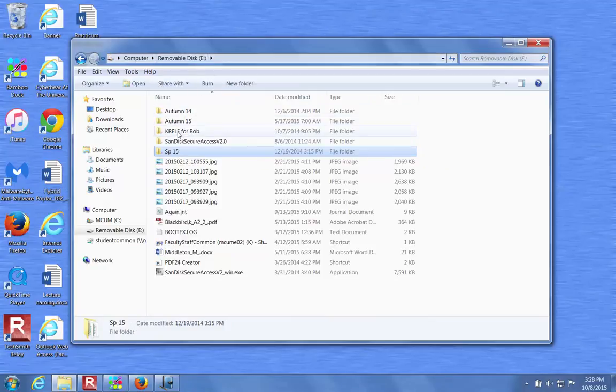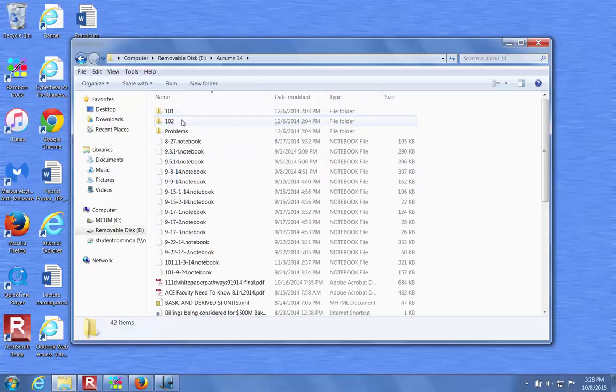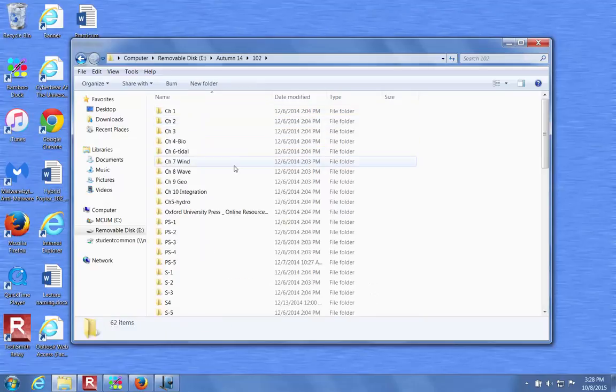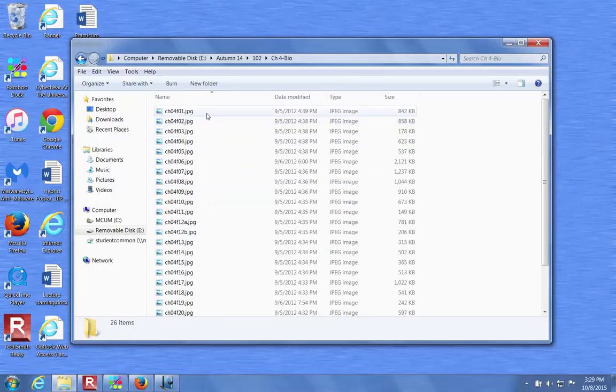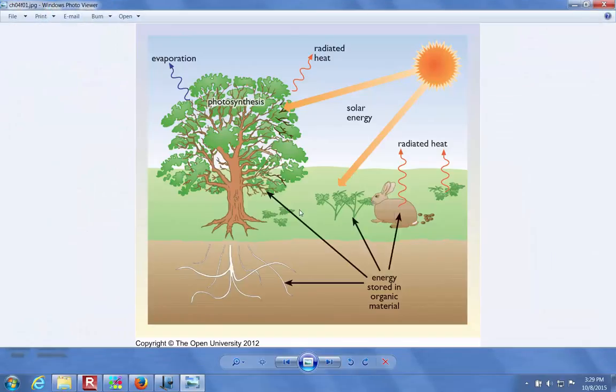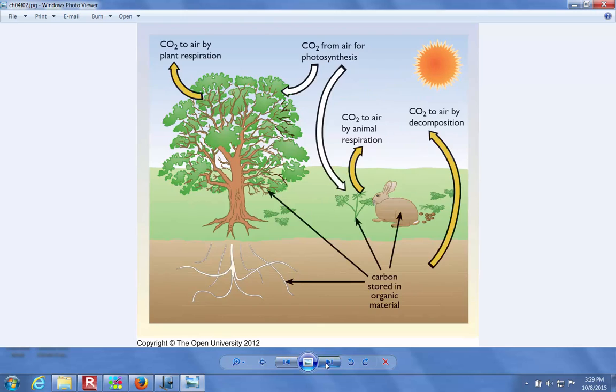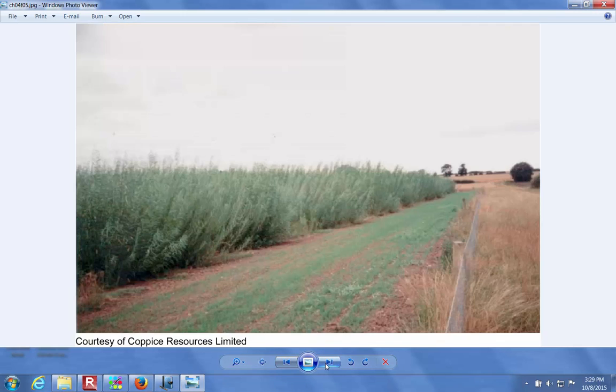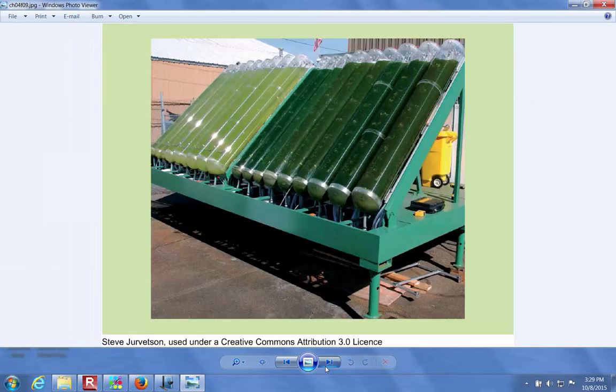Let's see if I can find that. That goes clear back to autumn of 14, believe it or not, boys and girls. I want to find out the total instant radiation that hits the entire Earth. You could say in watts, or joules per second, or whatever. No, that's per year.